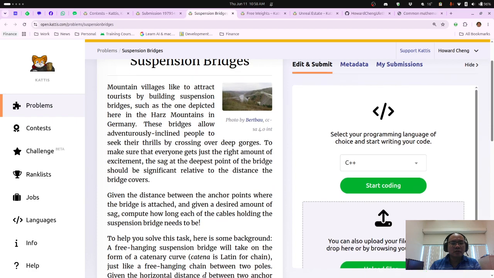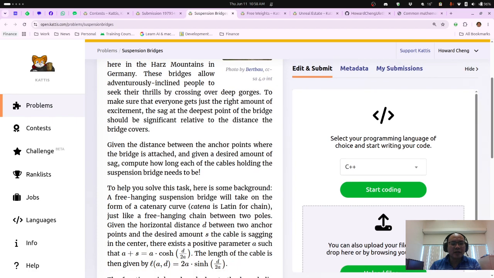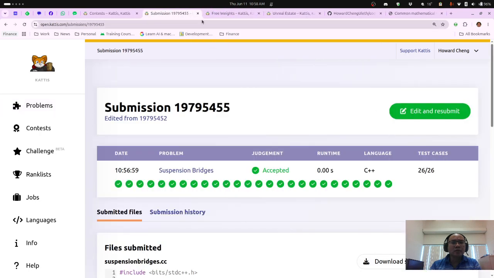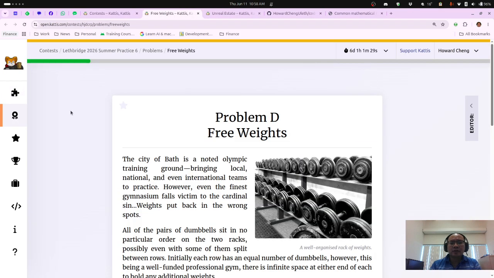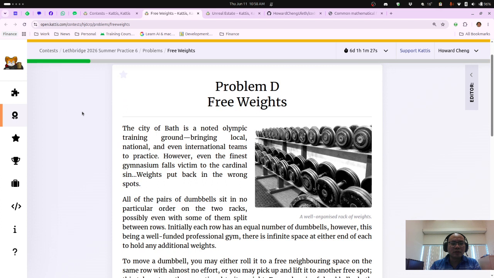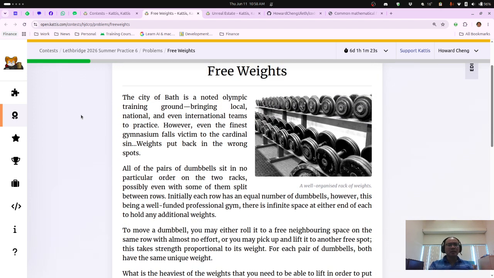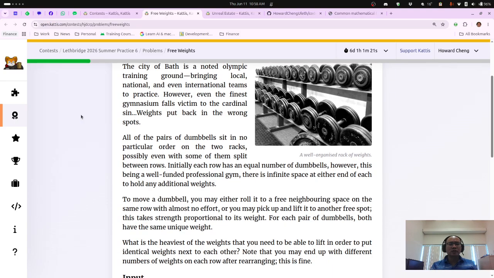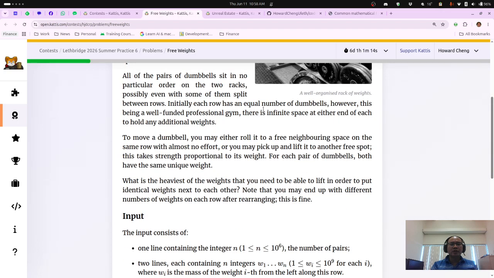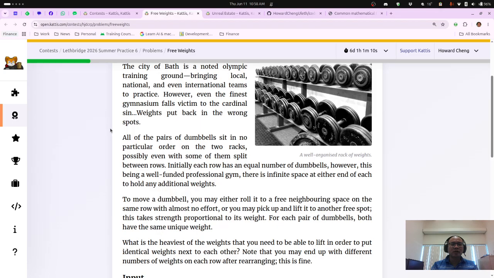So here's a sort of a binary search example. And the next problem is another problem where you have this binary search, but in a different kind of way. So you have this gym, you have these pairs of dumbbells at different weights. Initially, each row has an equal number of dumbbells, but they're all kind of scrambled up.